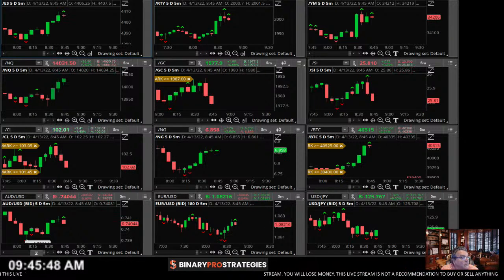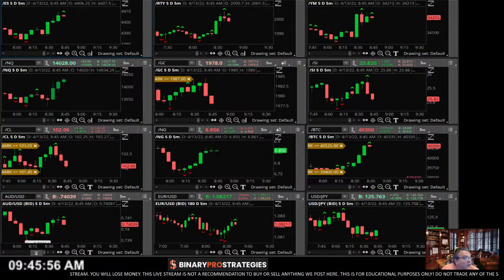Reverse sell on gold. Gold is reversing. Gold's getting choppy this morning. Be careful on gold. Really like that setup. All right, let's get a reversal on gold.